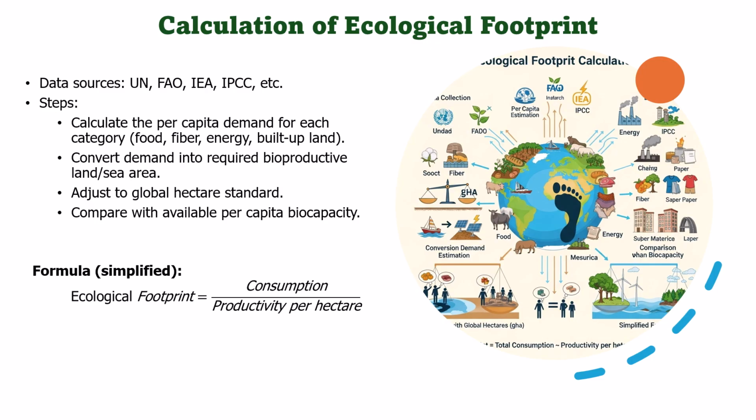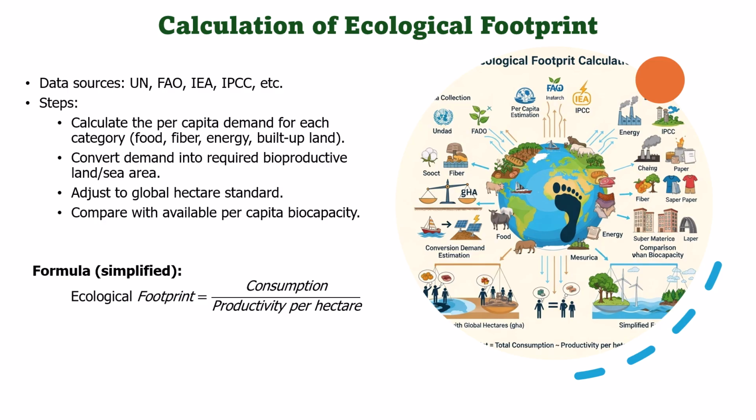The calculation of ecological footprint relies on large international data sets such as those provided by the United Nations, FAO, IEA, and IPCC. The process begins by estimating the per capita demand for different categories including food, fiber, energy, and built-up land.